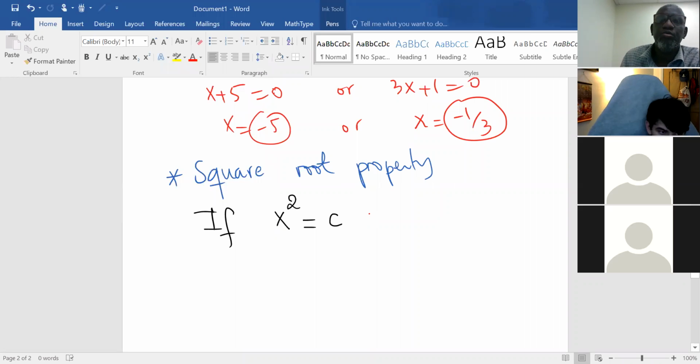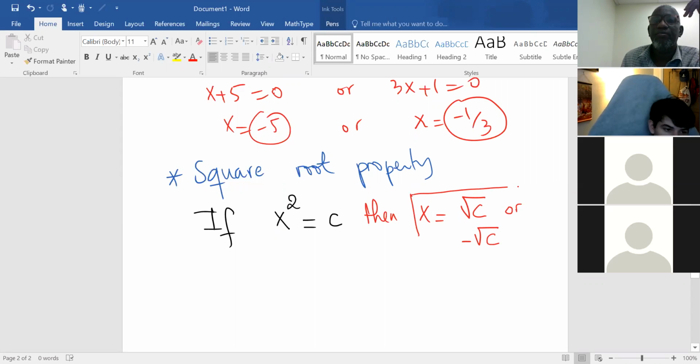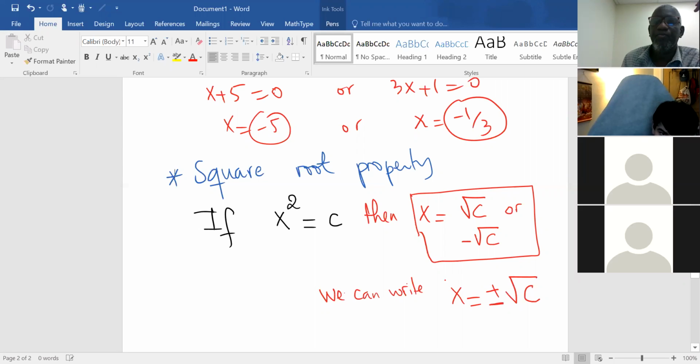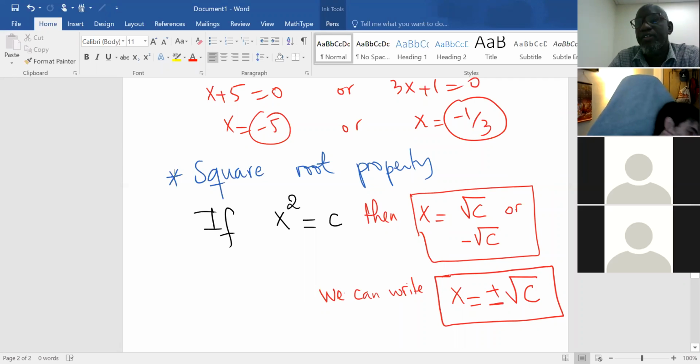We get x equal to square root of c or negative square root of c, which we can write as x equal to plus or minus square root of c.